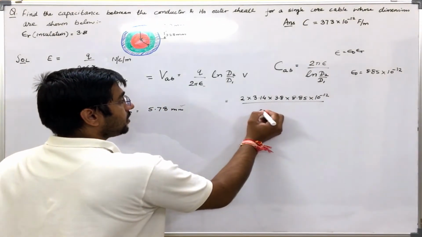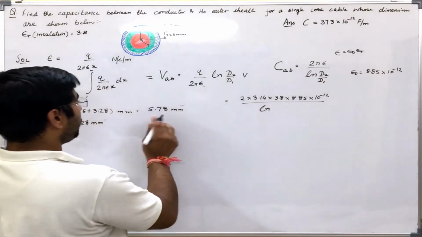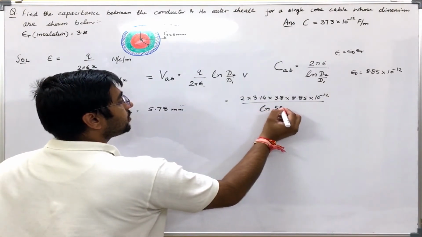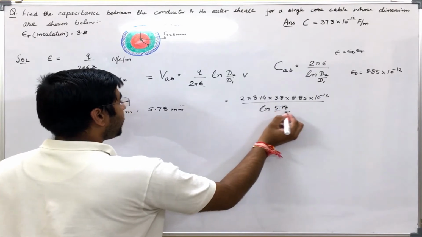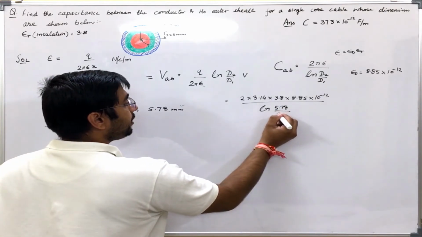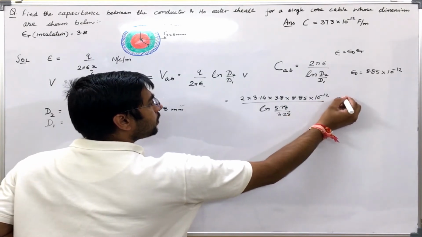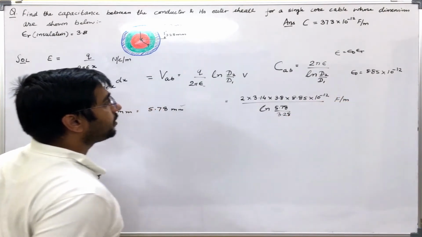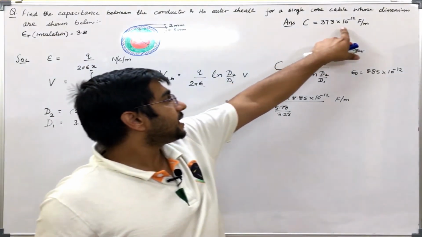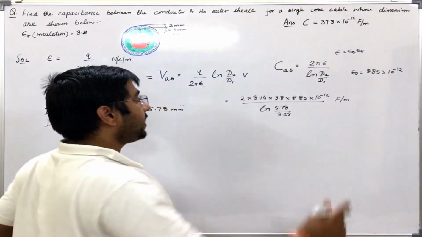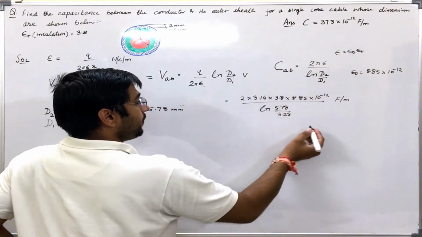So what is the value? D2 is 5.78 divided by D1 is 3.28 farad per meter. Since the answer is given in this form, let us take this 10 to the power minus 12 outside.